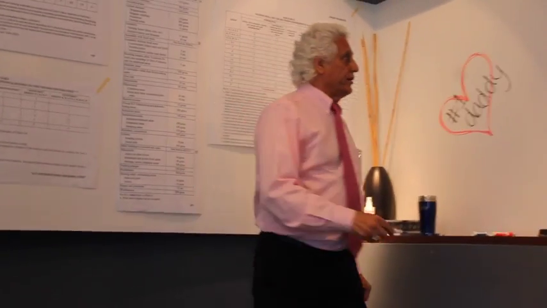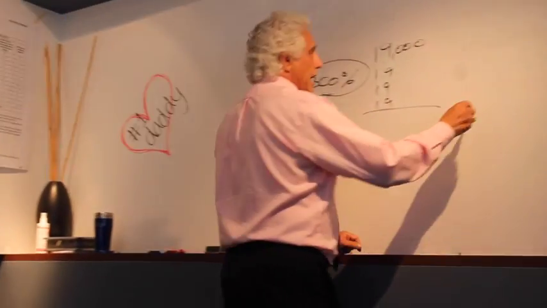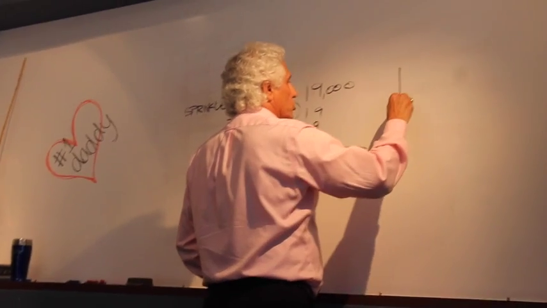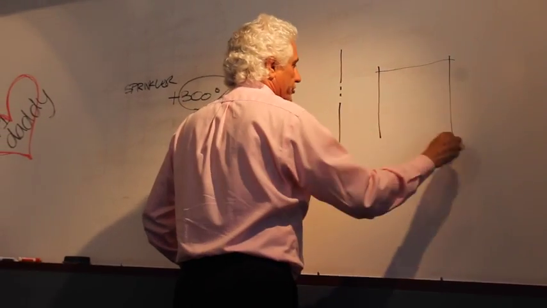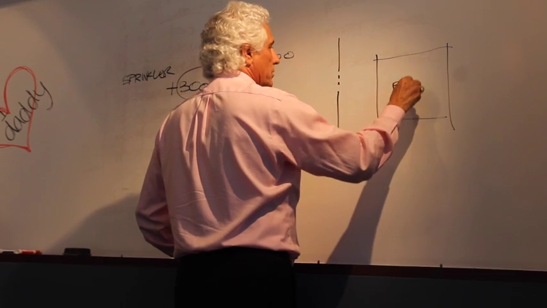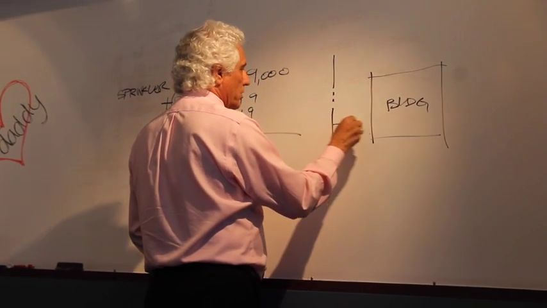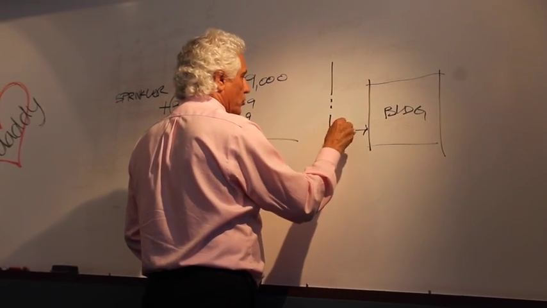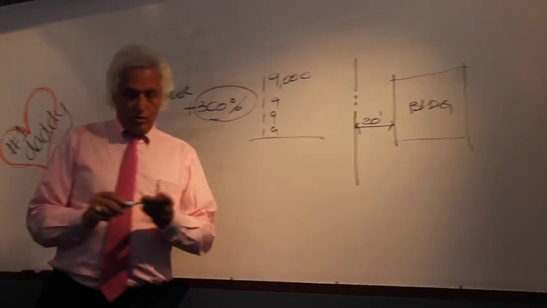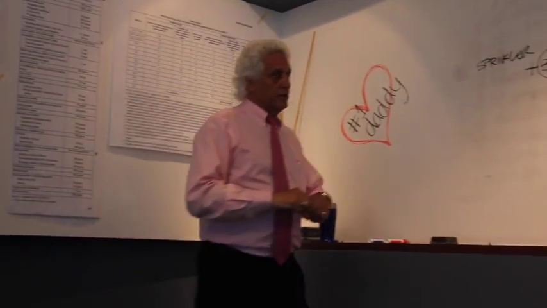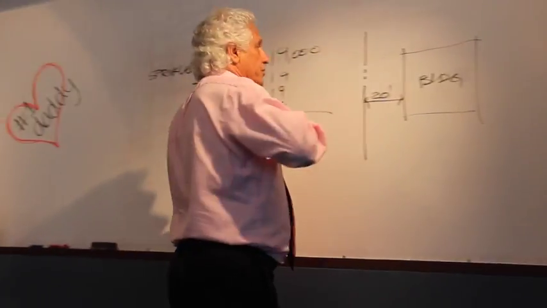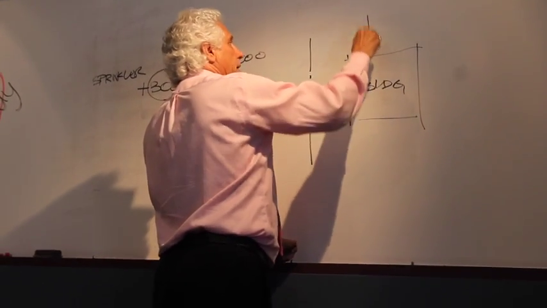Also, there's an area increase. If this is your building, there's a formula: if you are 20 feet plus from the property line, you can increase the building by this wall. And if you have it on other parts, then fine.